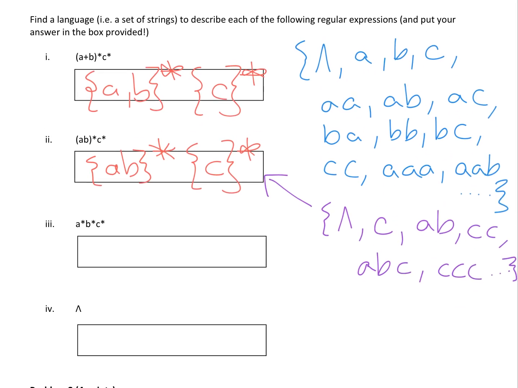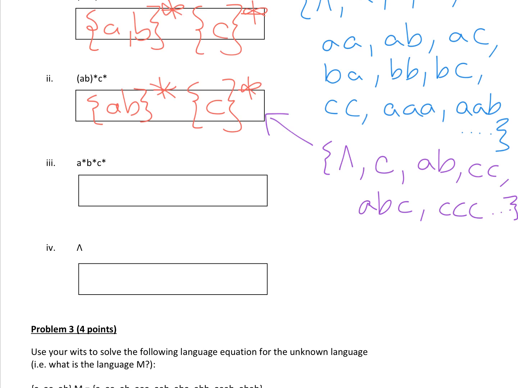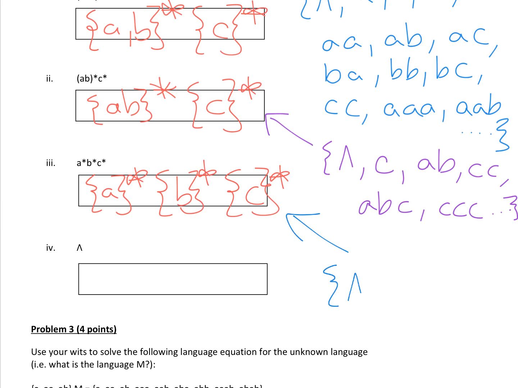So let's keep going. Now we've got A star, B star, C star. And this is as many A's as you want, followed by as many B's as you want, followed by as many C's as you want. But they do have to come in that order. So if we are trying to show this set, then we still have lambda in there, then we have A, B, and C by themselves, and then all the pairs have to have the A's before the B's before the C's.